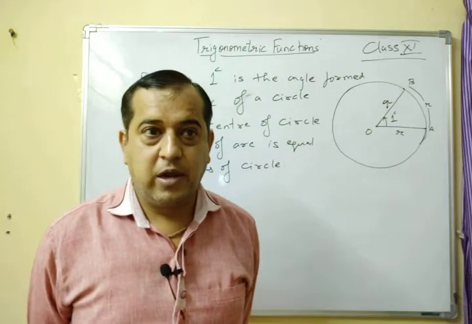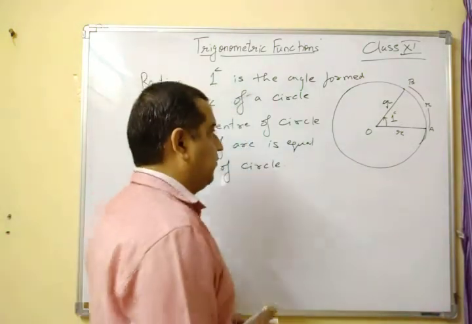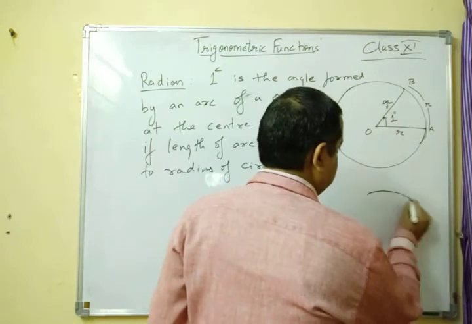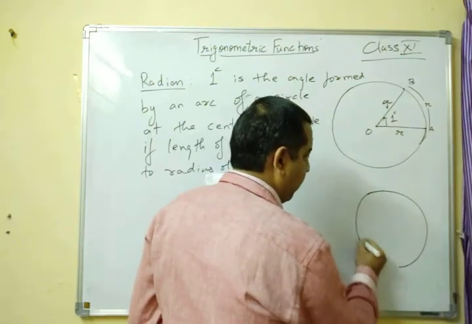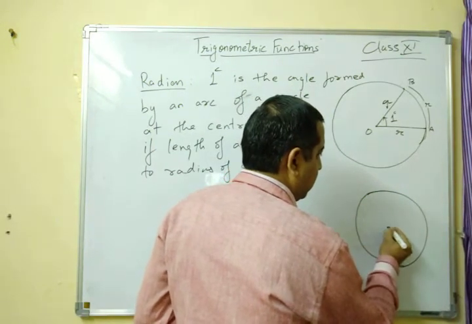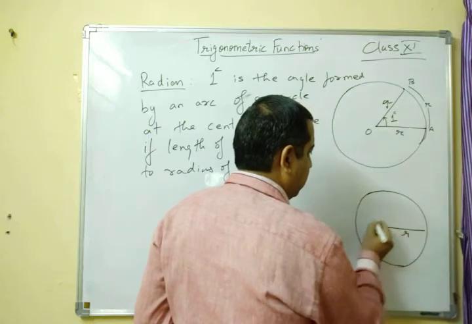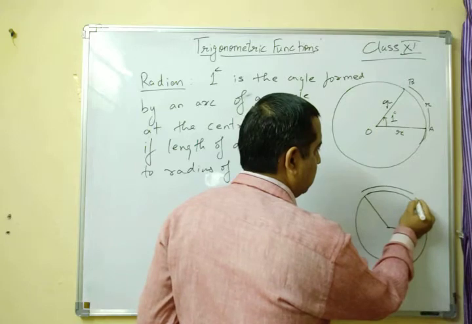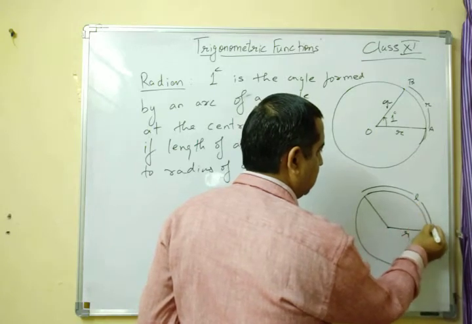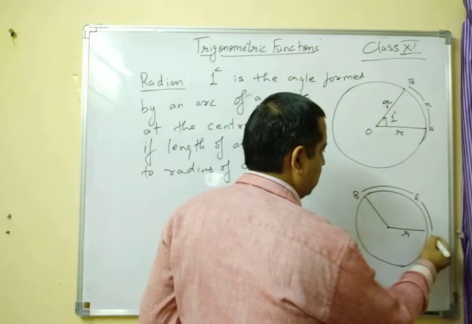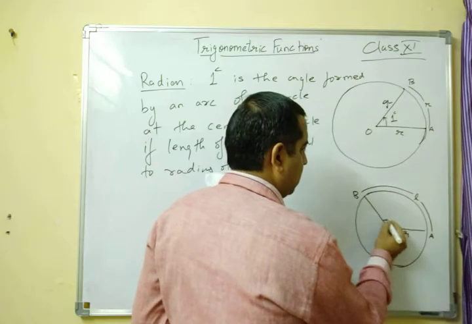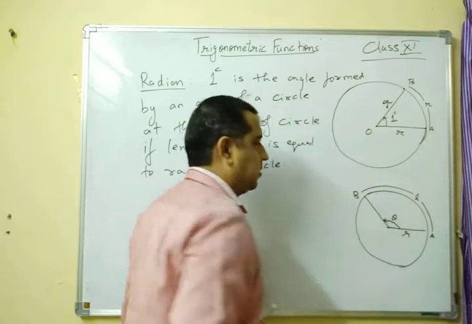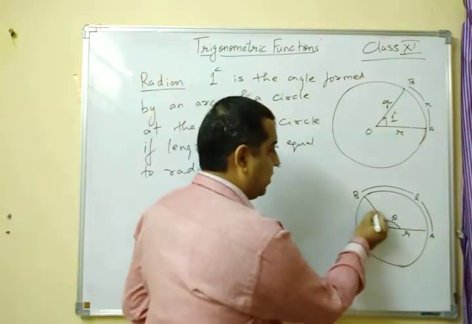Okay, clear? Now if you consider this to be a circle, this is radius r.